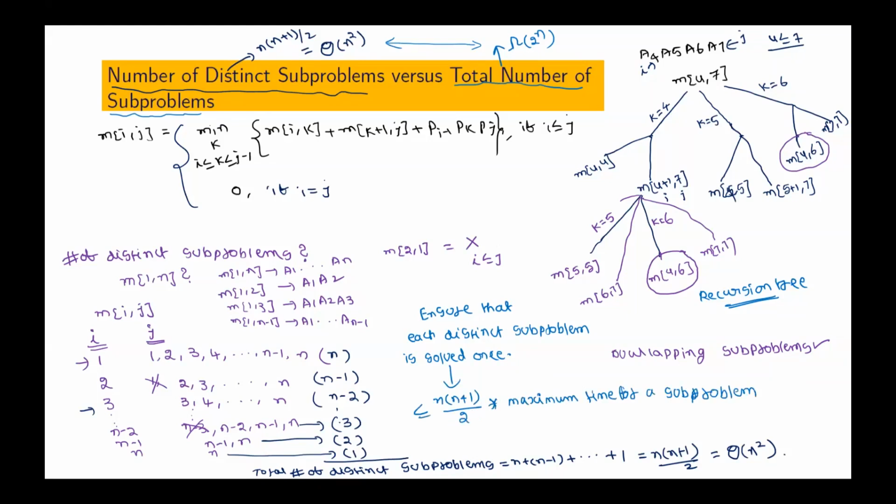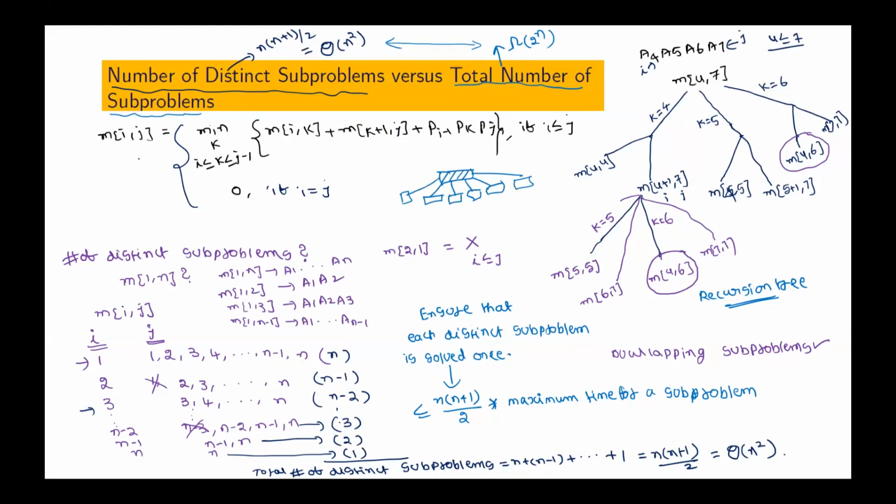Now tell me what is the maximum time for any subproblem. This is one problem we need to solve. For this, all the subproblem solutions it requires are already available with us. What time do we require to find the solution for this problem?